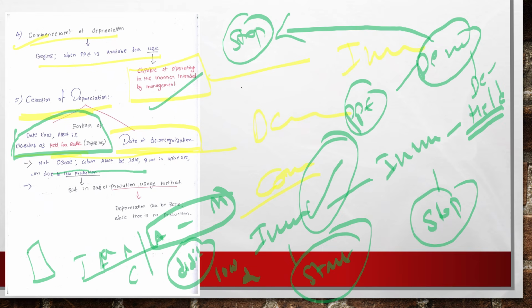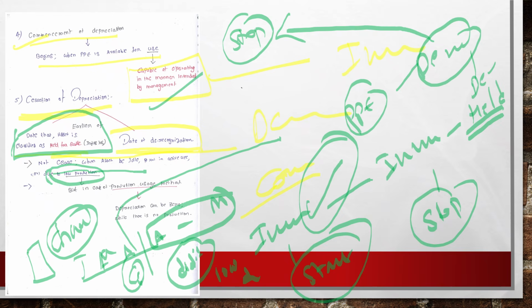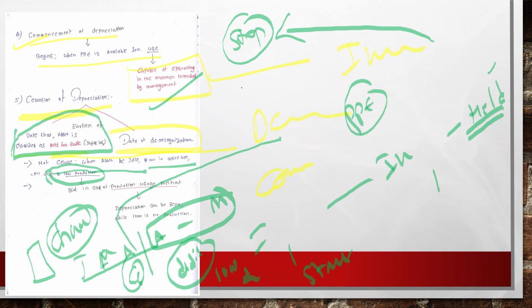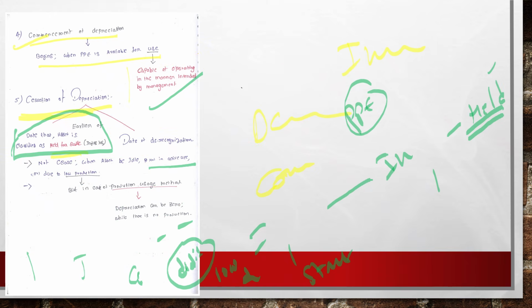Because of the low demand you didn't use that machine. In that case, you should still charge the depreciation. You should not stop it because of this situation. Because of low production or low demand or not being in active use, you should still charge the depreciation to the particular PPE.